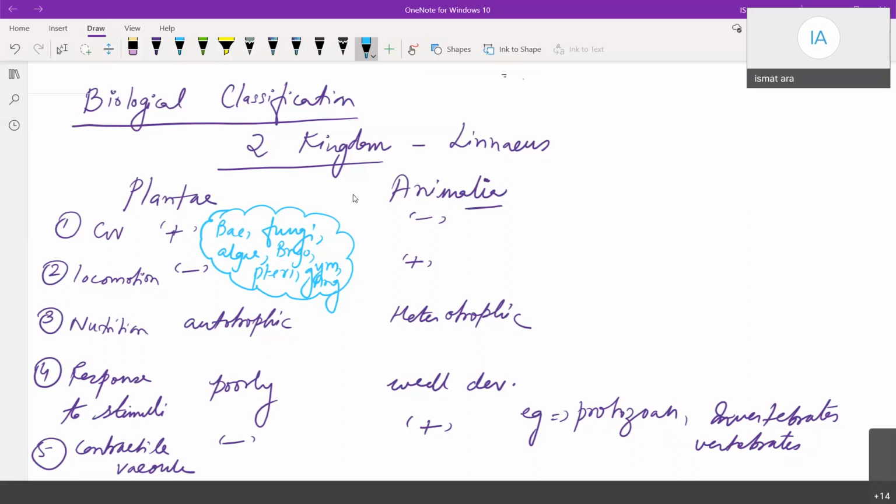So this is two kingdom classification. Let us see its drawbacks. What is the drawback of this two kingdom classification?